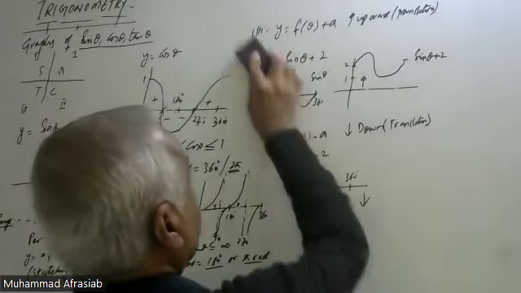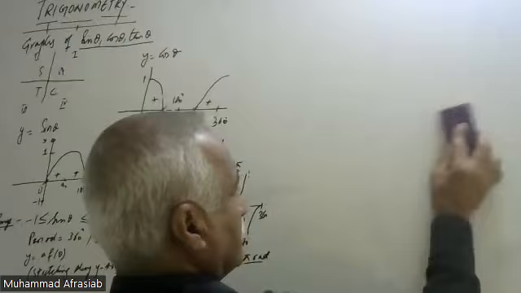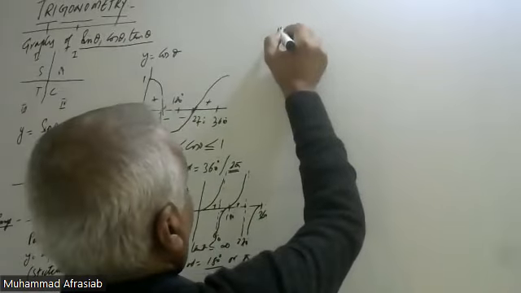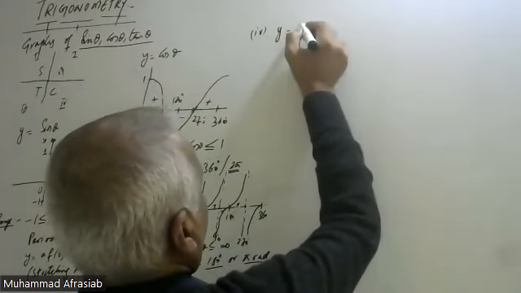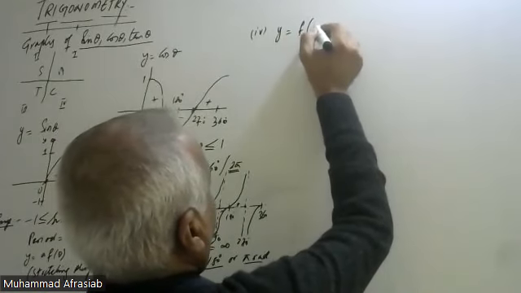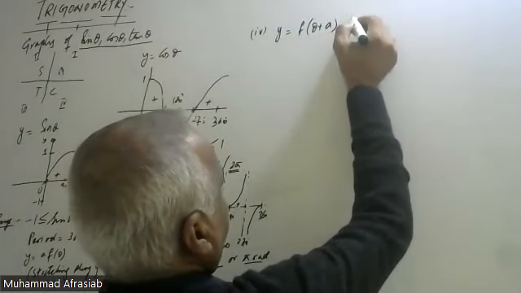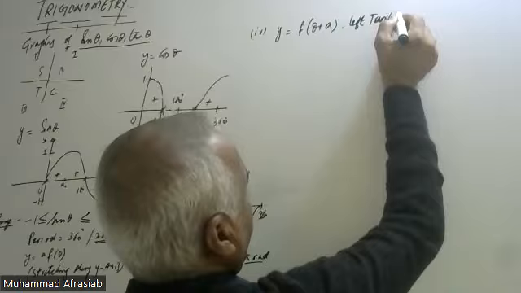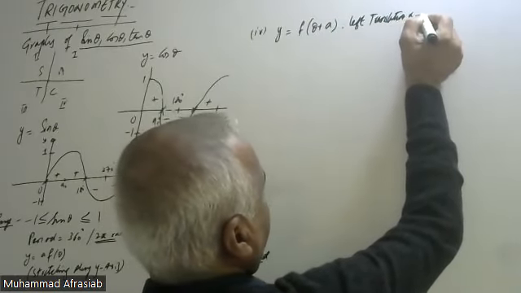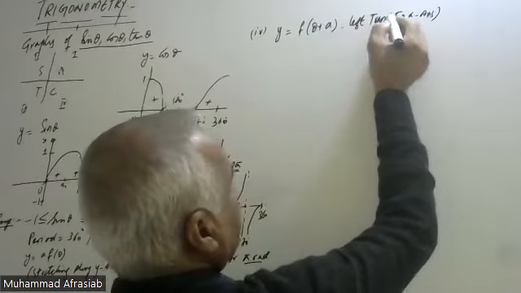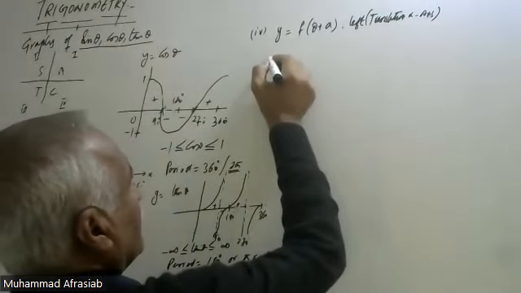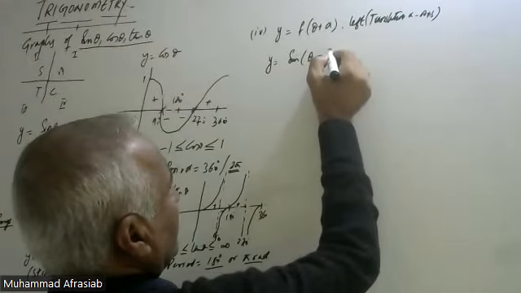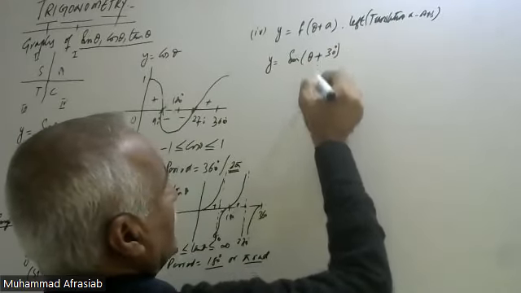Now, the last part of this graph is y is equal to f of theta plus a. Then it will be left translation on the x-axis. For example, y is equal to sine of theta plus 30.